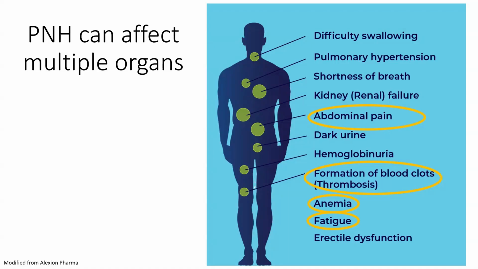So we pay a lot of attention to that. Sometimes having a blood clot is how you present with PNH. You get this really odd blood clot, and then the doctors start looking into it and say, oh, lo and behold, it's actually PNH. So there's a variety of ways that we can clue in that something's happening.